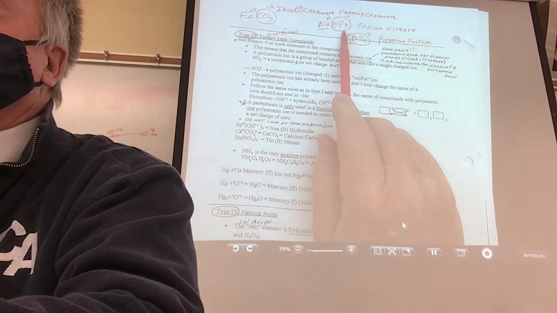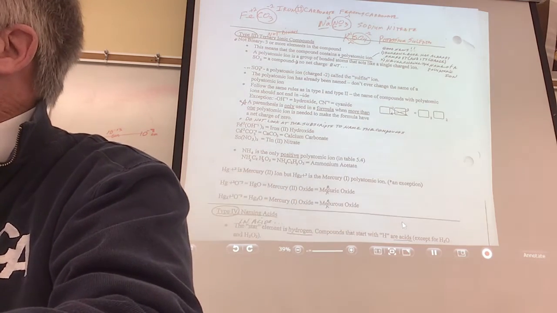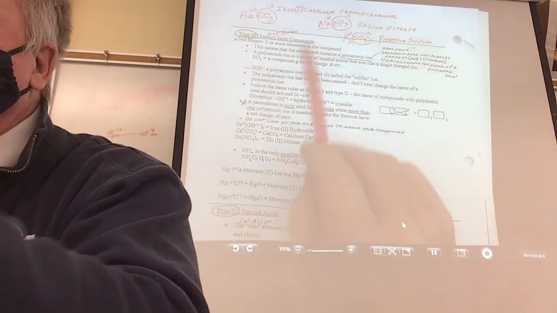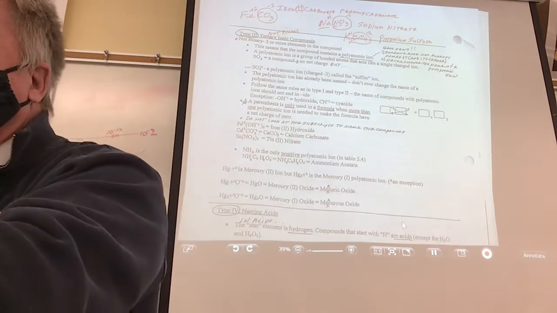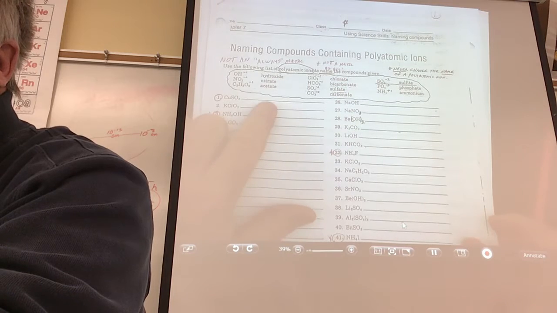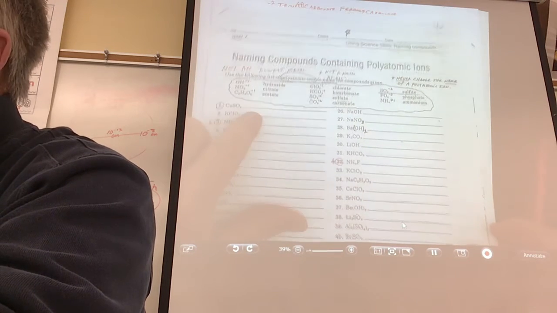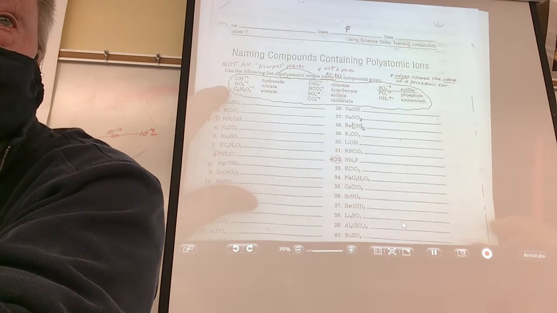Good news number 3: you will never change the name of a polyatomic ion. Wow, that's some good news, isn't it? So now, we're going to go find that guy. You can find him on the back of this sheet, or on your homework sheet. Find NO3, and what's his name? Nitrate. And you'll never change that name, never.